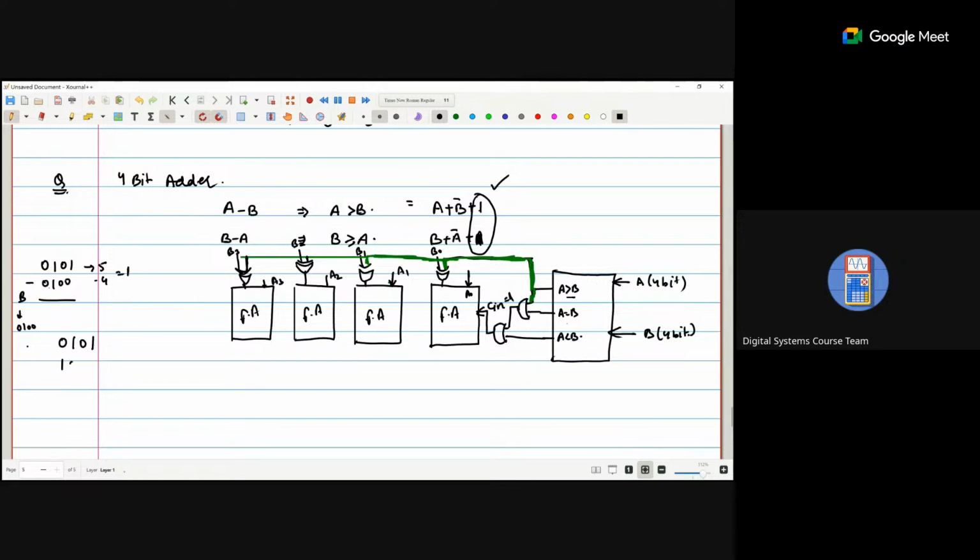It is 1011. Add these two. So 1 and 1 becomes 0, carry 1. So 1 and 1 becomes 0, carry 1, 1 and 1 becomes 0, carry 1, 1 and 1 becomes 0. Now finally what we do, we are adding a 1 at the LSB, not for all. So 0 plus 1 becomes 1, 0, 0, 0.